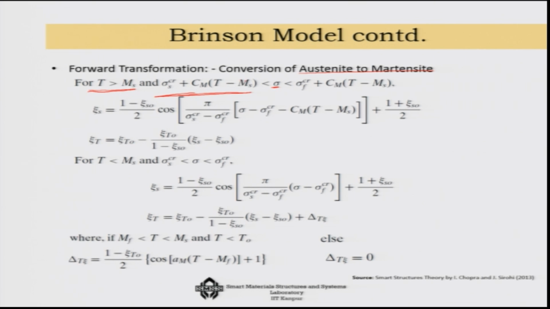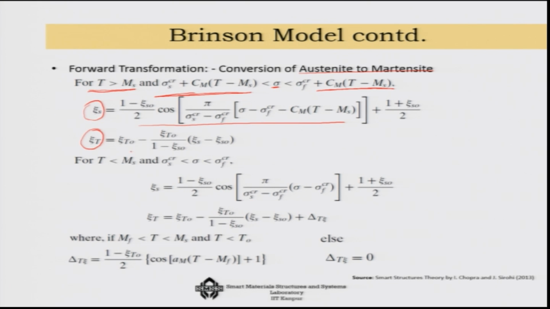That means Cm into T minus Ms, and here it is sigma f critical plus Cm into T minus Ms, and where xi m, xi s and xi t, the stress and temperature induced transformations, are given by these two functions.